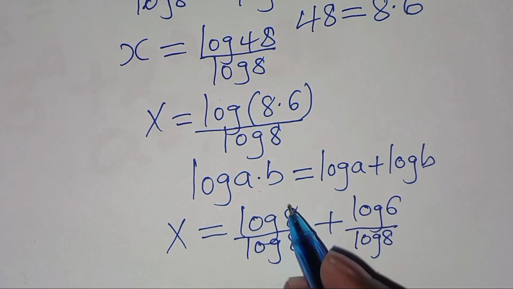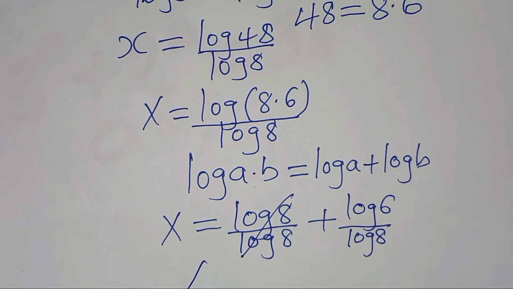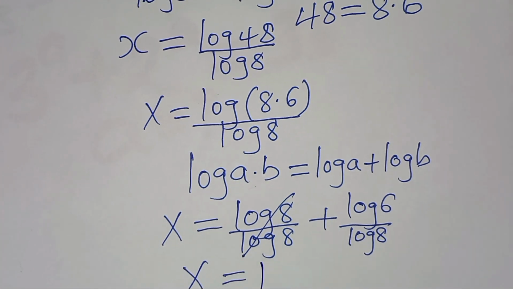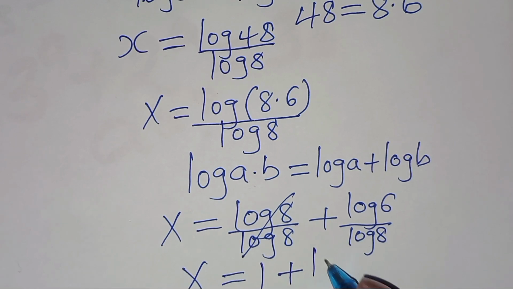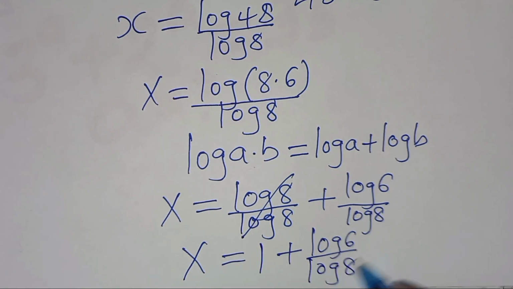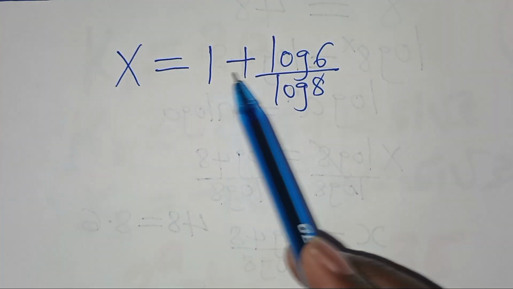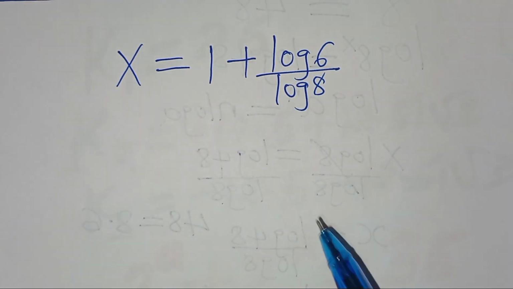So here we simplify, log 8 and log 8 simplify, so that we'll have x equal to 1 plus log 6 divided by log 8.